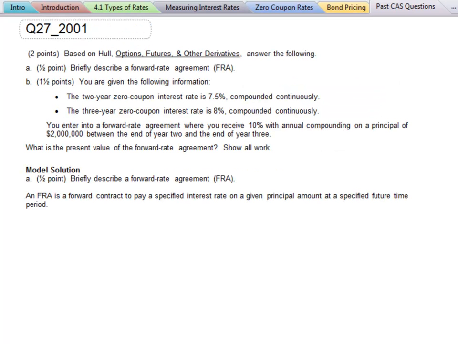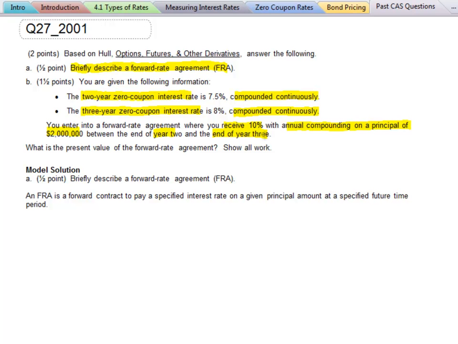In question 27 from the 2001 exam, we're asked to answer the following based on Hull, Options, Futures, and Other Derivatives. A. Briefly describe a forward rate agreement. And B, given the following information, the 2-year zero coupon interest rate compounded continuously, and the 3-year zero coupon interest rate compounded continuously, and that you enter into an FRA where you receive 10% with annual compounding on a principal of $2 million between the end of year 2 and year 3.